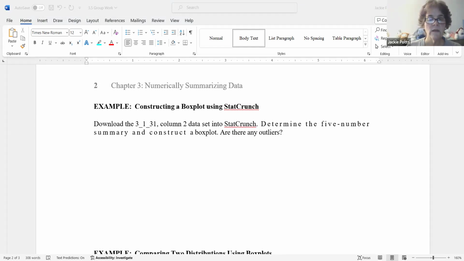I want the median. I want Q3 and max. That'll give me my 5-number summary. Now I am going to do one more thing. I want the IQR. Compute.